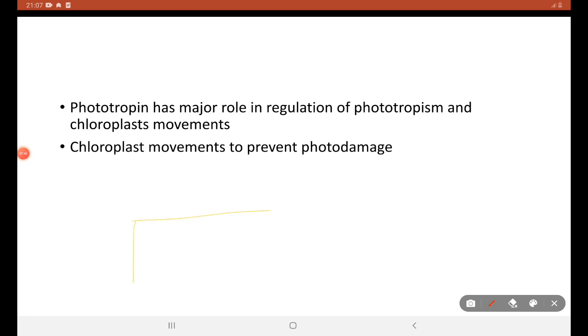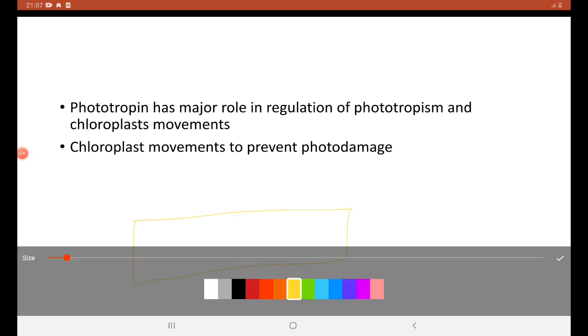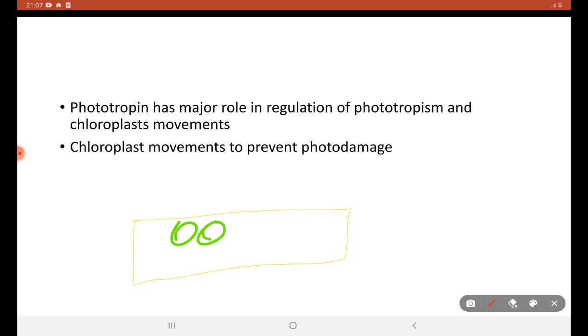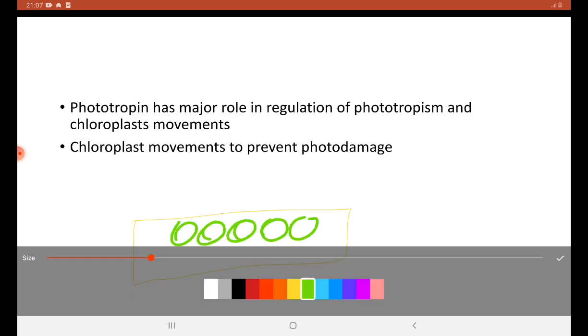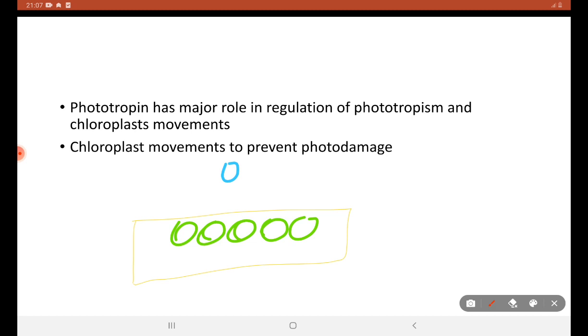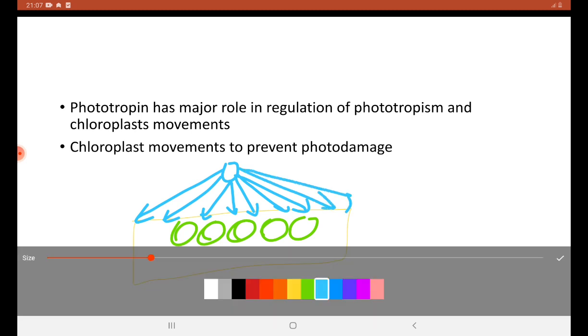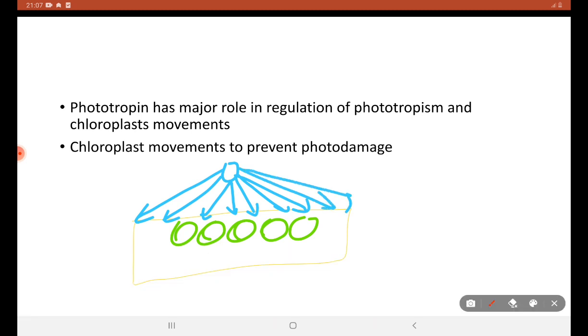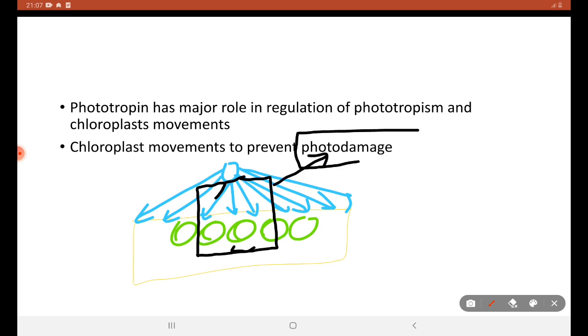So, if this is a leaf, and a few cells are present here, and light rays come like this, the most affected portion is the cells that are directly beneath the source of light. They receive a very high amount of radiation, so they undergo photo damage.